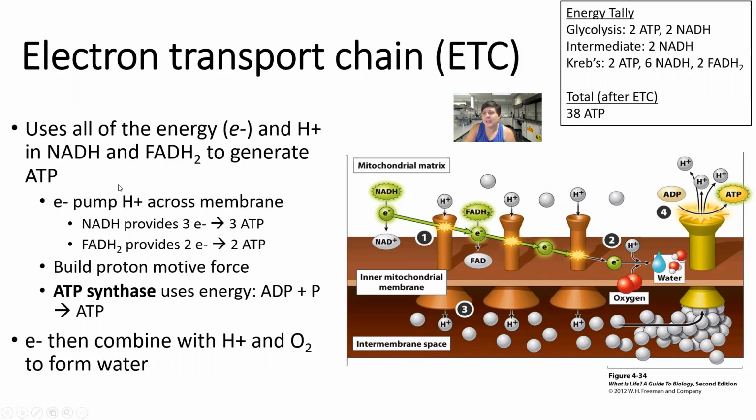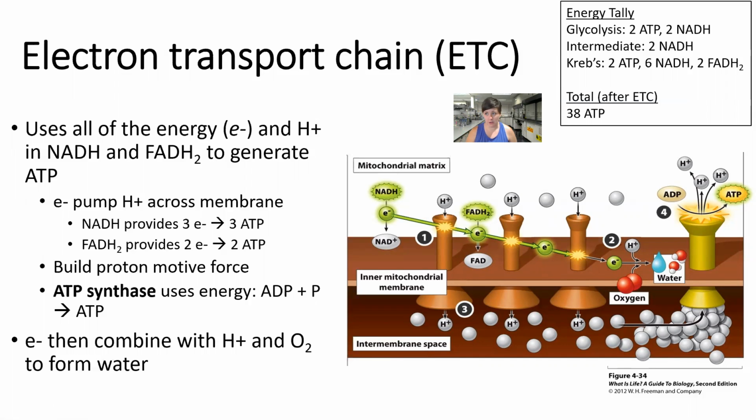So what happens is NADH, which remember every NADH is carrying 1 electron. When NADH comes to the electron transport chain, it has enough energy to pump 3 hydrogens across this membrane. So note NADH is not carrying 3 hydrogens, right?